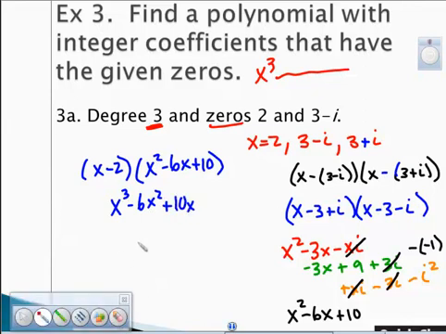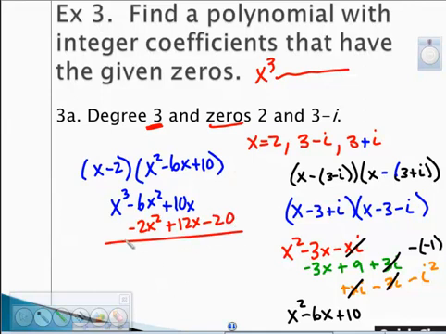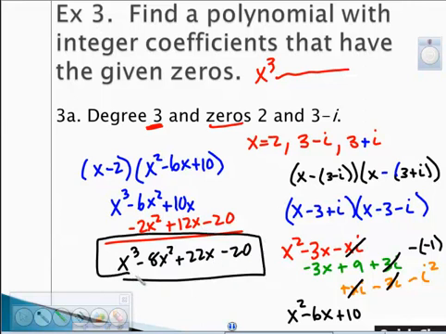And then the negative 2 times everything is going to be minus 2x squared, and then positive 12x, and then negative 20. So I'm just going to combine everything, and then I got my polynomial: x cubed minus 8x squared plus 22x minus 20. Whew. There we go. Nice job.